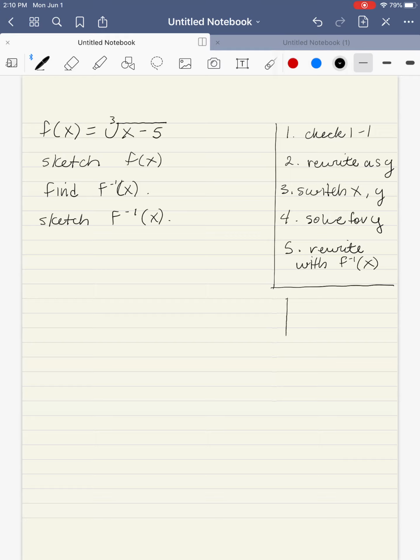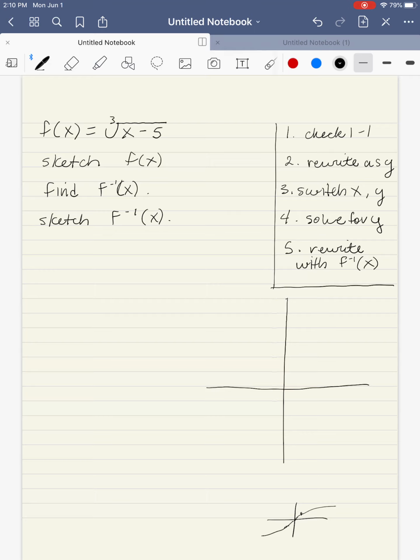All right, first step here is I am going to sketch f of x. Now, I know that the cube root of x looks like this. I should know that from memory by now.